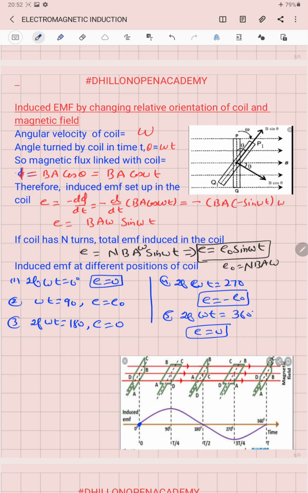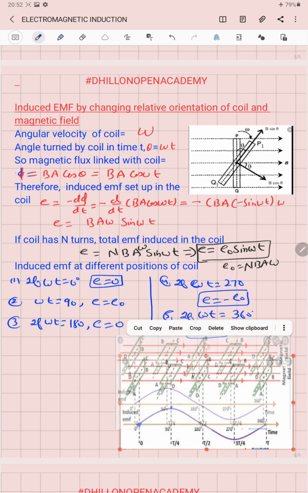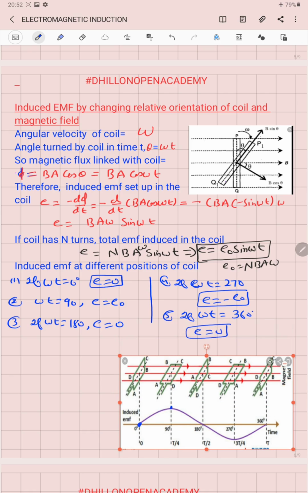After a 90-degree turn, when no flux passes through the coil, the area vector is normal to the direction of the magnetic field. In that case, the EMF induced will be maximum. Again, when the flux through the coil becomes maximum, the EMF again becomes equal to 0.